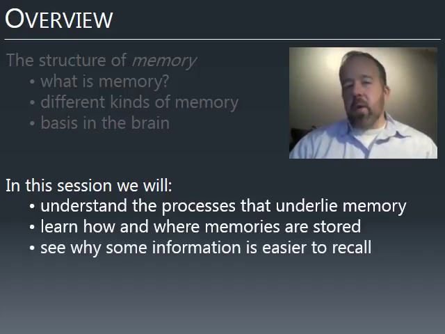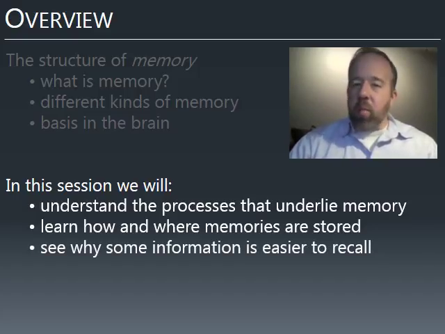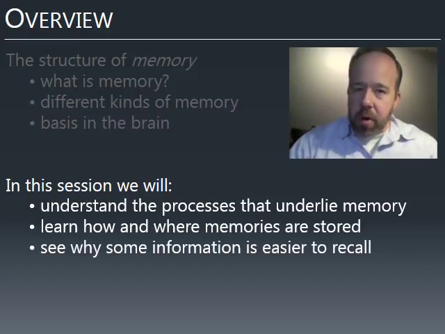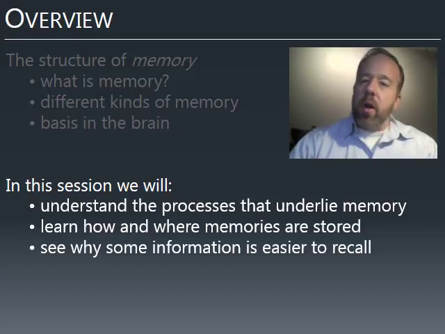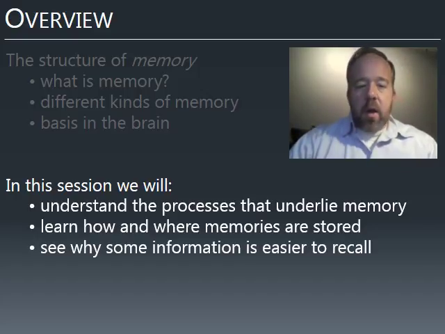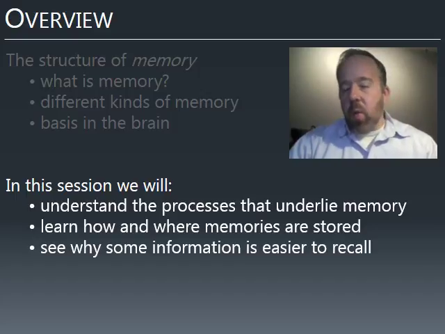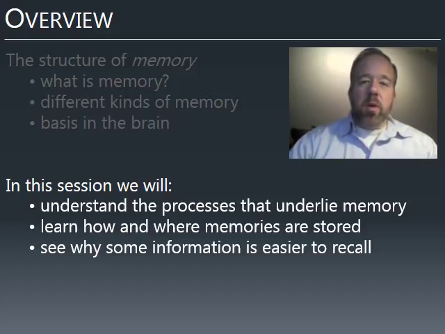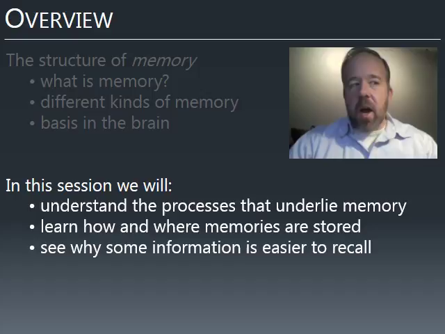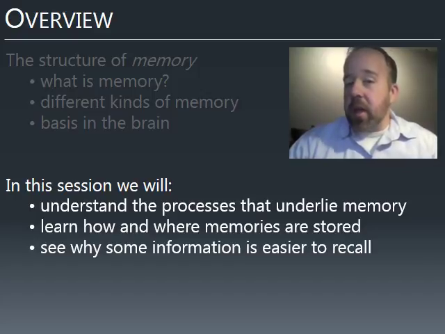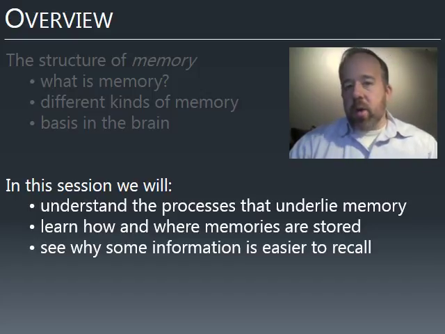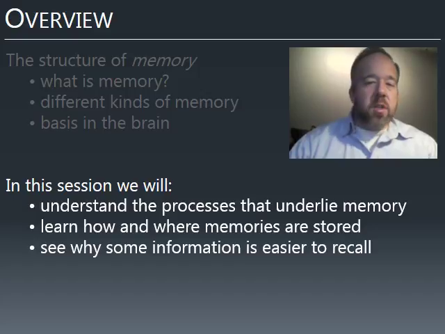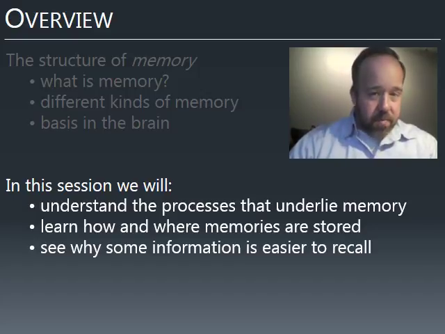I don't want to oversell it and say that we know where in the brain all different kinds of memories are stored, but certain parts of the brain do seem to be critical. And we'll also see why some kinds of information are easier to recall. It depends on what you were doing at the time you learned it. It depends on the kind of information and how it relates to the question being asked, for example. But certainly, some information is easier to recall than other kinds.